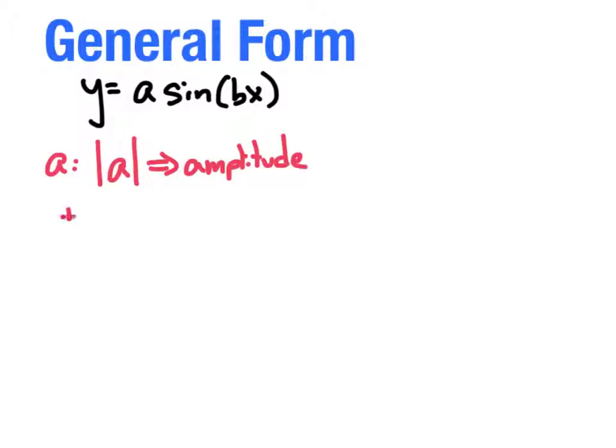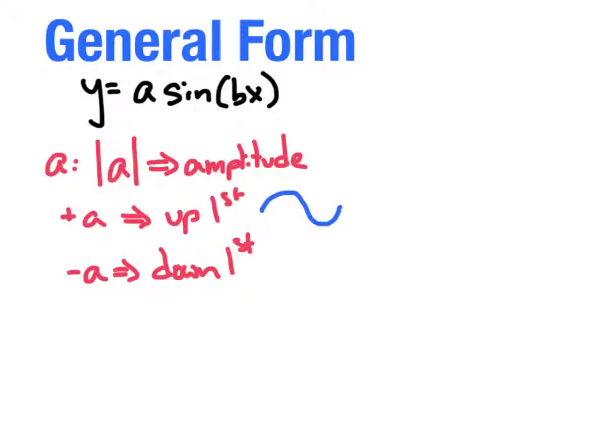Now, if it is a positive a, you'll start your graph by going up first. If it's a negative a, you'll move down first. All I mean by up first and down first is like from 0, 0, you go up like that. If it was negative, you would start by going down.